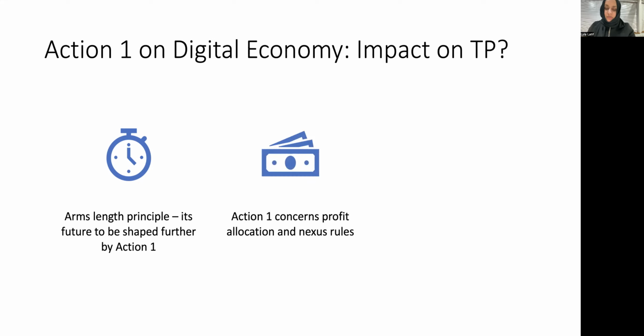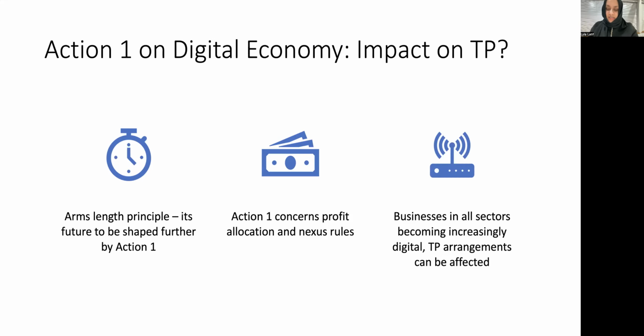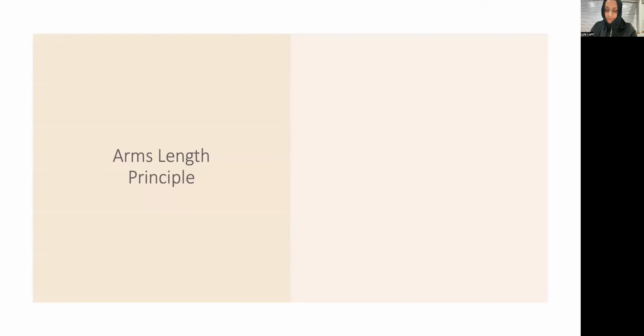As part of its work on taxation and the digital economy, the OECD continues to consult on revising profit allocation and nexus rules. With businesses in all sectors becoming increasingly digital, the OECD's work could dramatically affect current transfer pricing arrangements. And for me, the question is how?